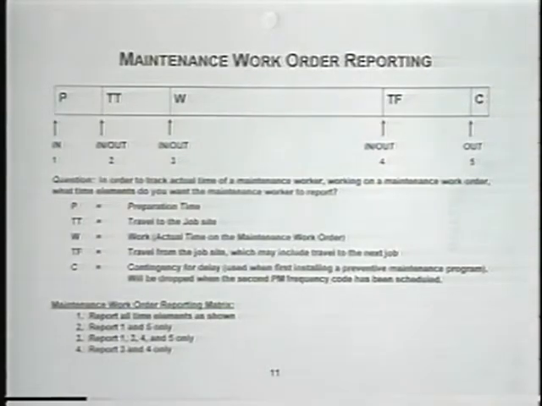If I clocked in on 1, 3, 4, and 5, I would have total time on the job less, if you will, the contingency for delay. And then the fourth method of reporting is clock in on 3 and out on 4.